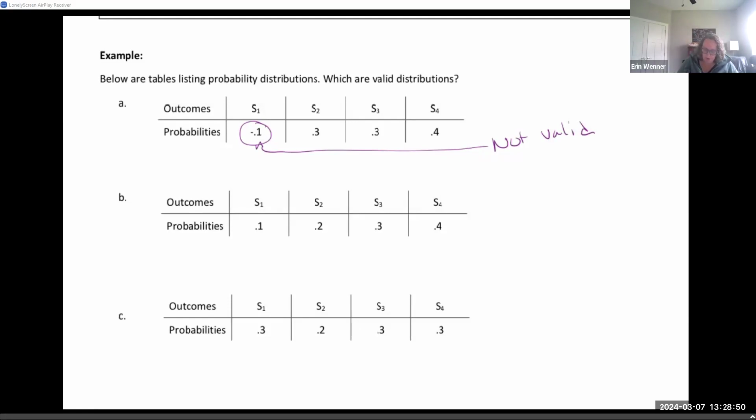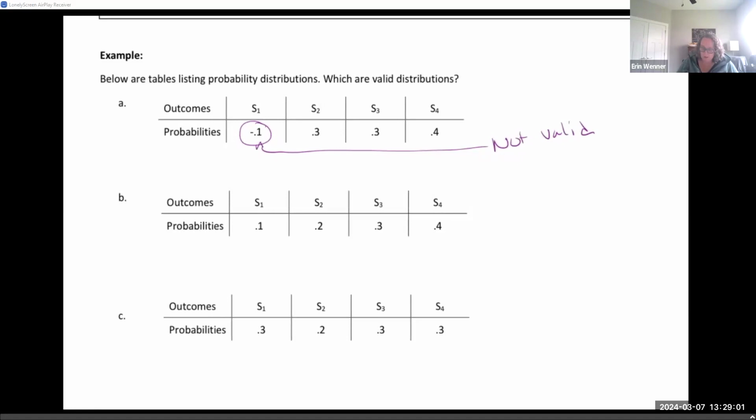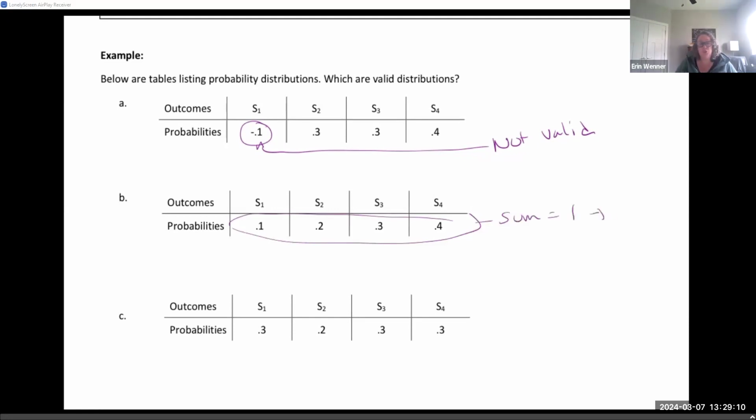If we add them all up, 0.1 plus 0.2 is 0.3. 0.3 plus 0.3 is 0.6. 0.6 plus 0.4 is 1. So this sum equals 1. Therefore, it is valid, because the sum equals 1 and all probabilities are between 0 and 1.